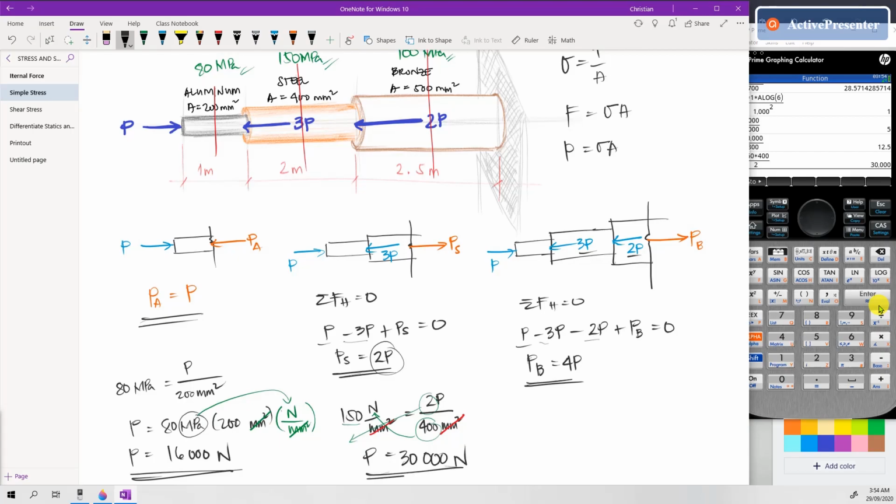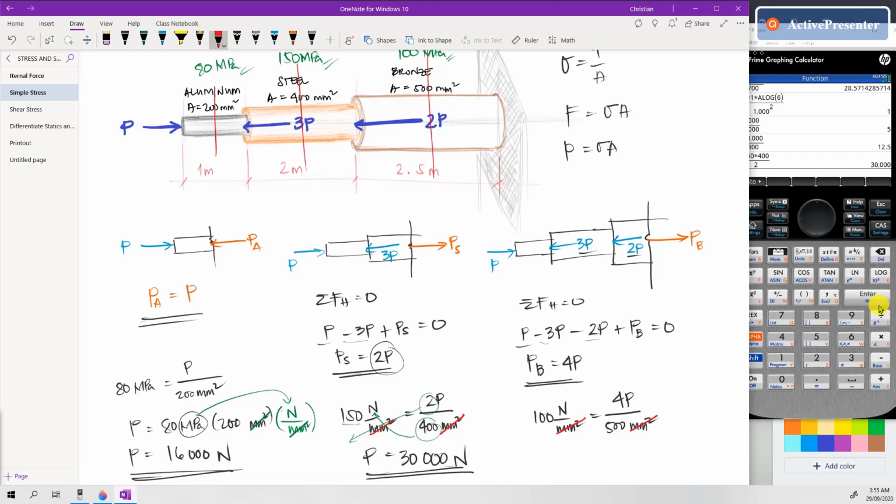Okay? And then, lastly, sa bronze. So, yung allowable stress natin is 100 megapascal or Newton per millimeter squared. Then, this is equal to force over area. Ang force natin is 4P over yung area na 500 millimeter squared. Okay? So, on both sides, meron tayong per millimeter squared. So, we can cancel that unit.